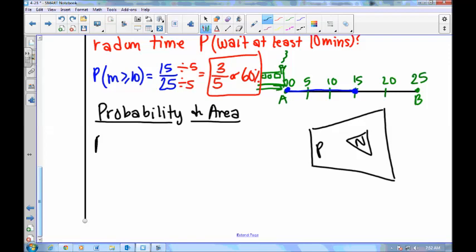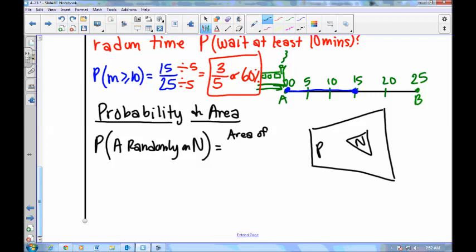So say we did the probability of, Gentry, give me a letter, please, that's not P or N. Okay? A. Okay, the probability that A is randomly placed on N. That would be the area of, what's the partial?